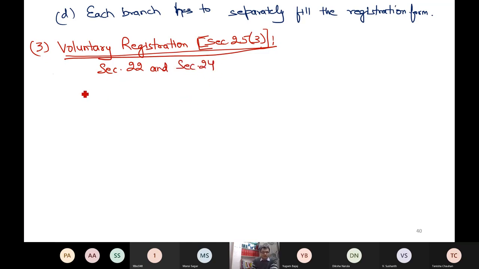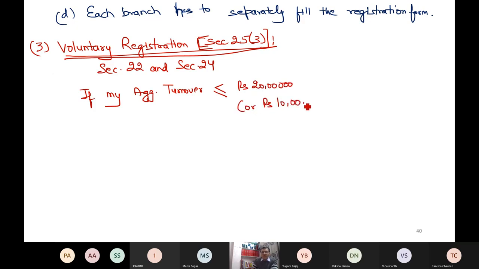So, if my aggregate turnover does not exceed 20 lakh or 10 lakh, as the case may be depending upon the state, can I apply for registration?